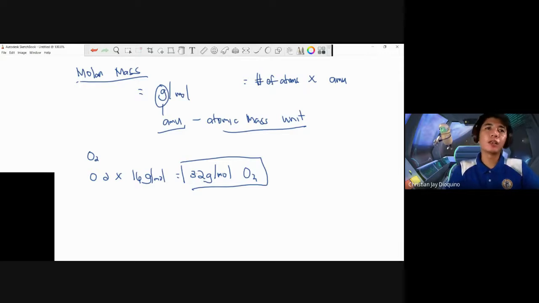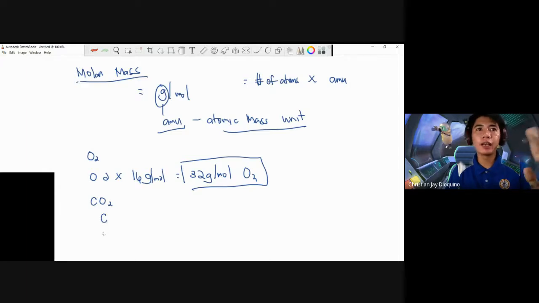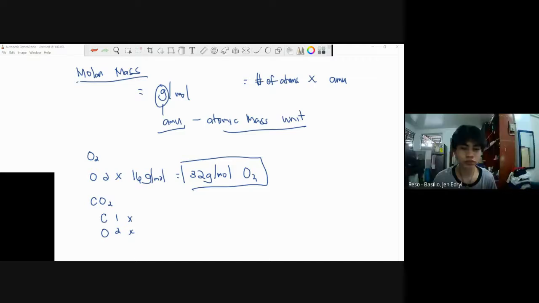Okay, pagkuha ng molar mass of compound, let's say meron tayo dito carbon dioxide. Sa carbon dioxide, same pa rin yan. Kunin natin or paghihiwalayin natin lahat ng elements na meron dun sa compound. So we have carbon is 1, then oxygen is 2. Then get the AMUs. For carbon, meron tayong 12 po. 12.